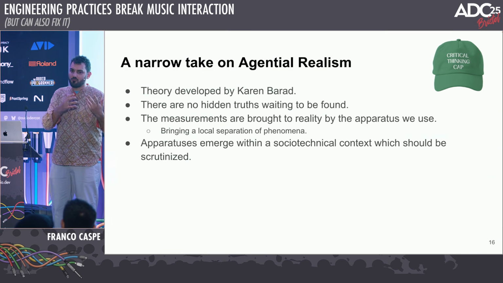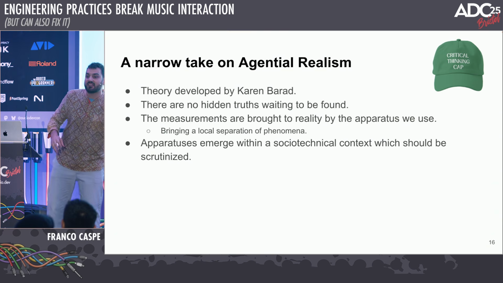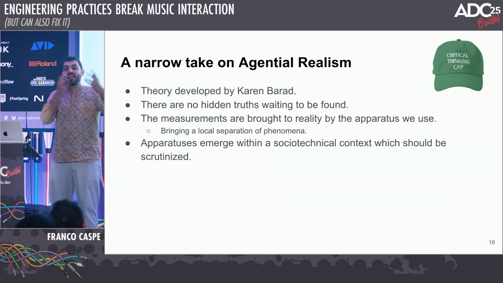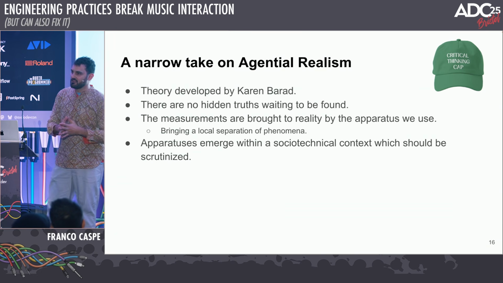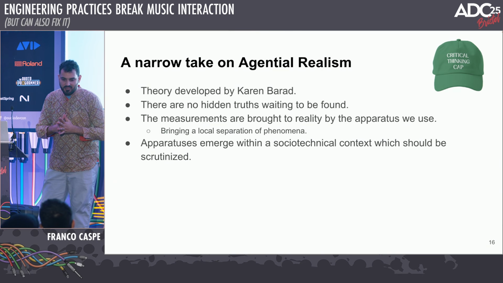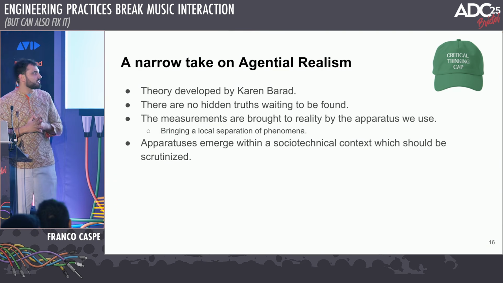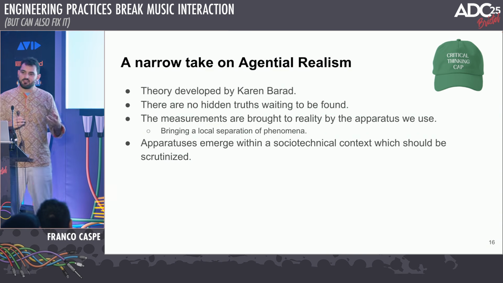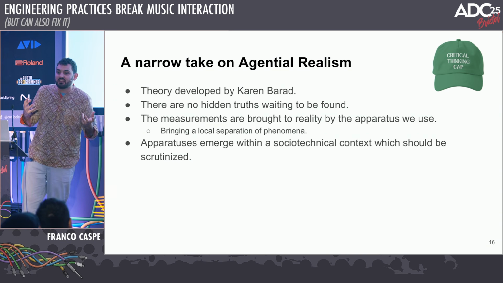The apparatuses that we use to measure something don't extract it out of the universe because it's not waiting to be found. It's something that is created, almost like now in the AI era, we could call it hallucination, if you wish, right? So what it tells us is that these measurements that we extract, we are not really extracting them from the universe.